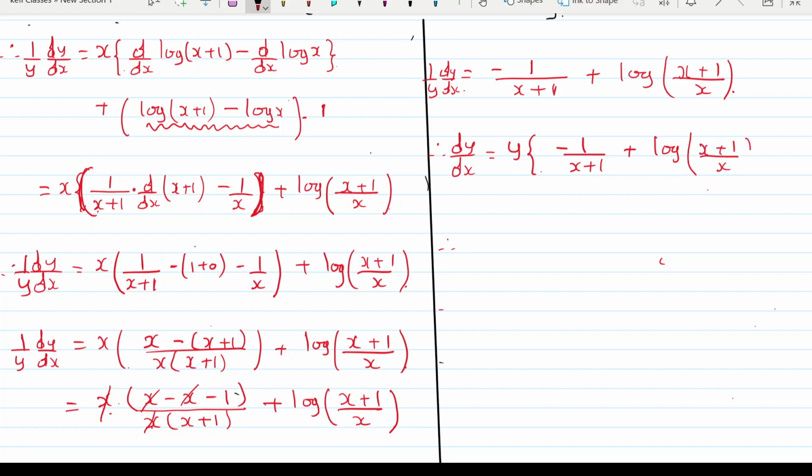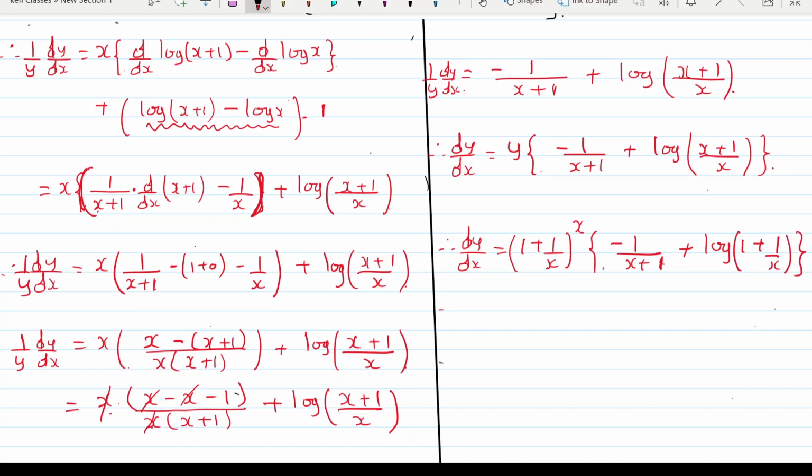And therefore dy by dx is equal to, what was the value of y, it was 1 plus 1 by x raised to x, and this will write minus 1 upon x plus 1 plus, here we will rewrite this as log of 1 plus 1 by x, because we had the answer in 1 plus 1 by x, right? Here the 1 plus 1 by x term.